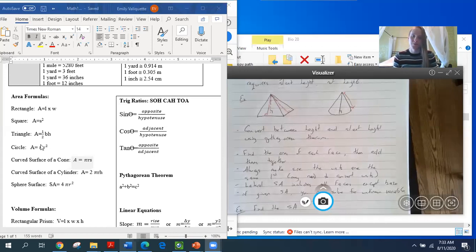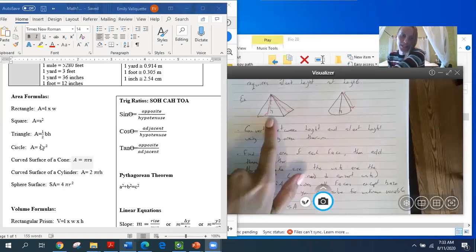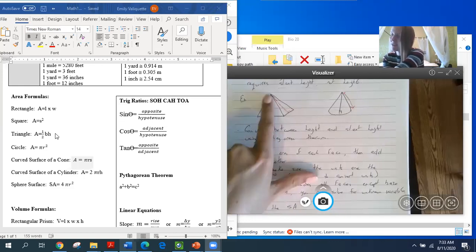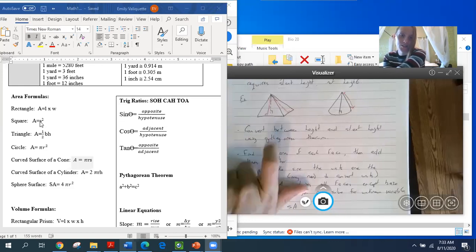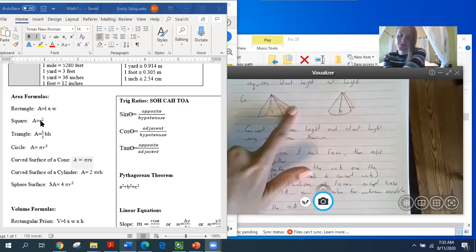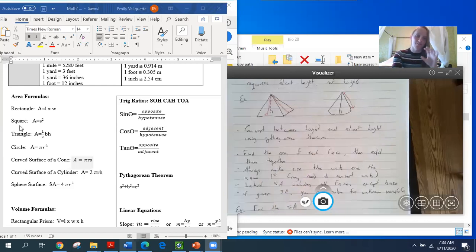If we were doing our pyramid here, we would need the triangle area for each of these faces, and then the square for the base. So you need to pick and choose which of these area formulas to use and then add them all together to get the full surface area.